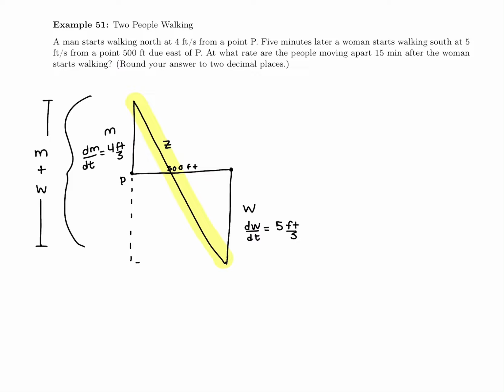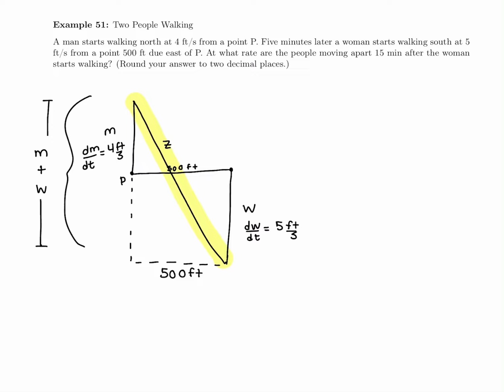And then we have the base of our triangle here, which we know we started at point P for the man, and the woman was 500 feet due east. So this is actually a nice constant horizontal distance between them. We don't have to put a variable there. They're 500 feet apart. One's going up and one's going down. One's going north, the other's going south.